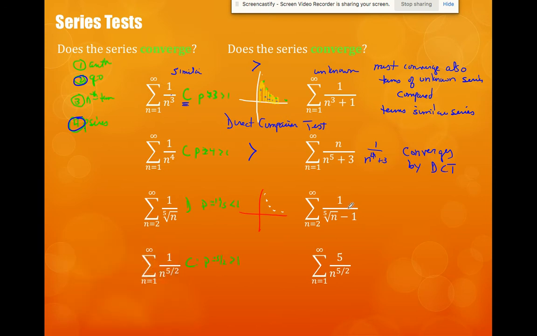Look at the similar unknown function. This similar unknown function subtracts 1 in the numerator. In this case, oh, I wanted to make that blue.